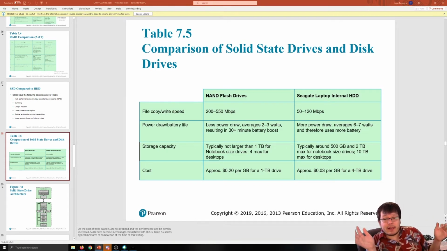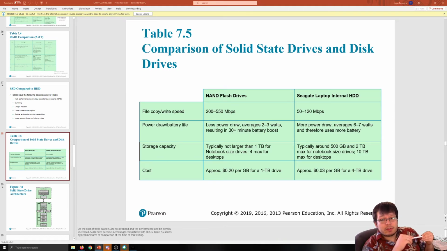NAND does not technically provide a random access external address bus, so the data has to be read in terms of blocks. Don't get this wrong, NAND is still RAM, but what I'm saying is NAND is RAM in block pieces, not in individual bit pieces. And that's why you have to erase an entire block when you're working with this thing. Whereas NOR allows you to address each individual bit, but it's more expensive.